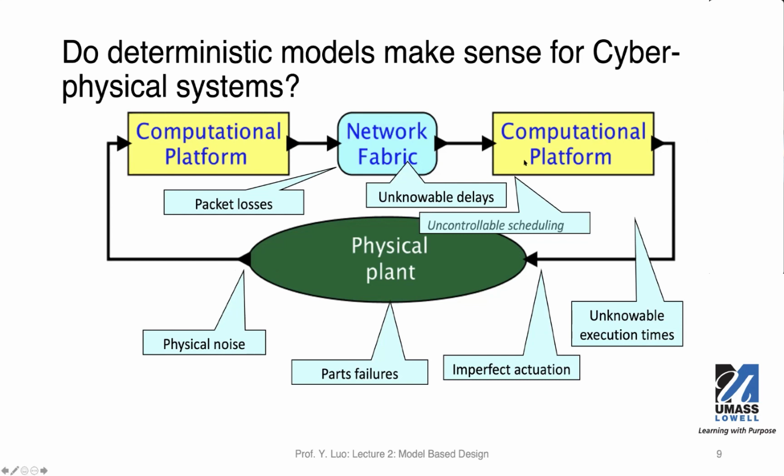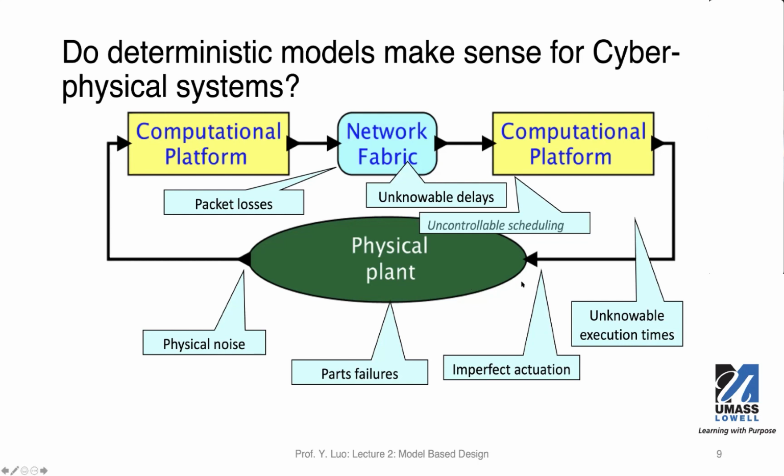In the computational platforms, depending on what kind of processors you use, whether you run operating systems or not, you may have uncontrollable scheduling delays if you have multiple tasks running on the same platform. As a result, the execution time of these tasks on the platform will be unknown or non-deterministic.